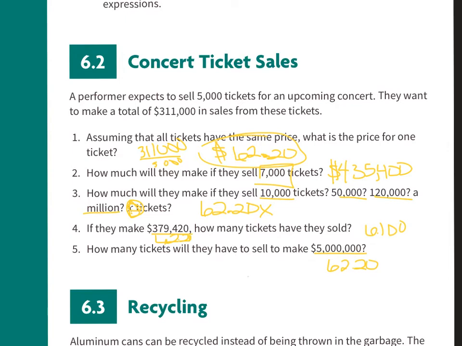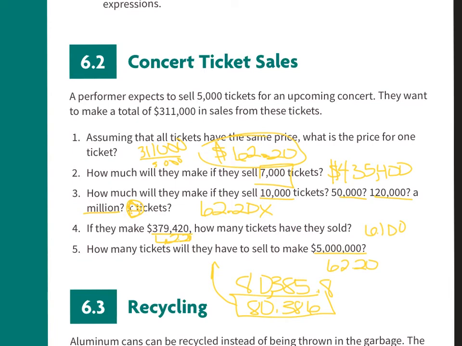Okay, and it tells me 80,385.8 tickets. But if we think about it, can we sell 0.8 of a ticket? No, we can't. So we'd have to round that up. So it'd be 80,386 tickets. That's how many they're going to have to sell to make $5 million.